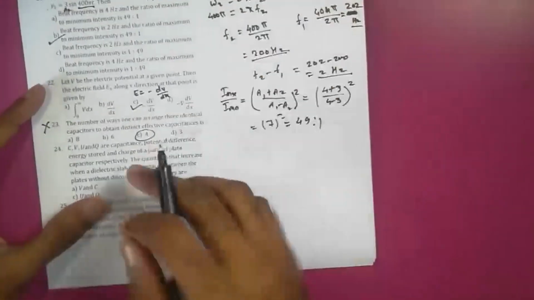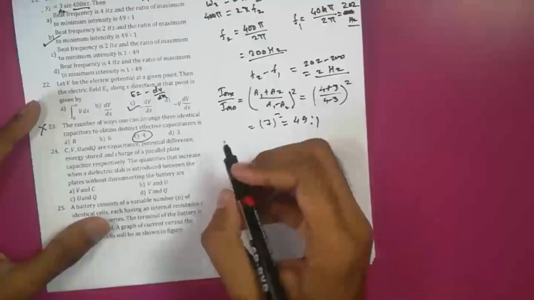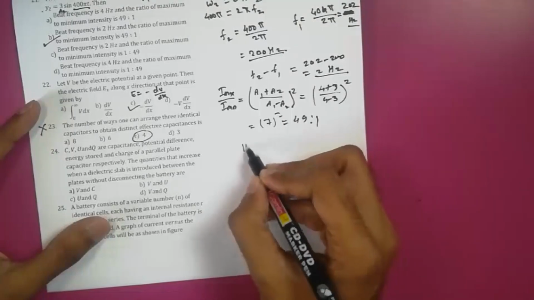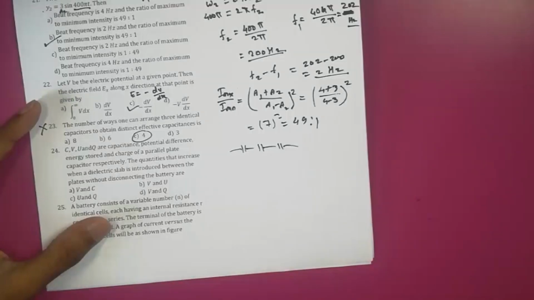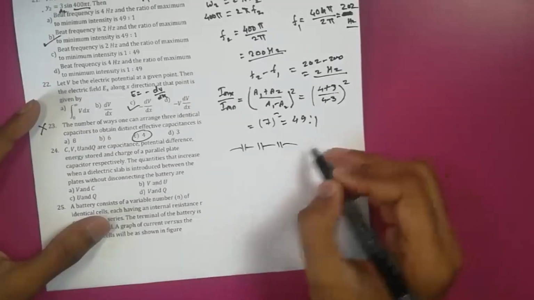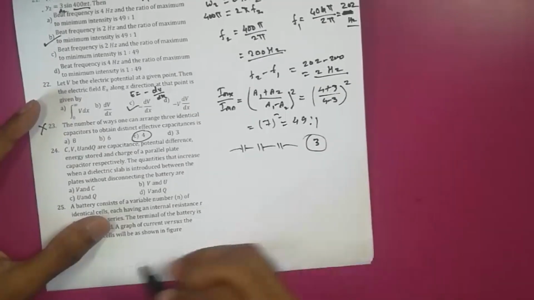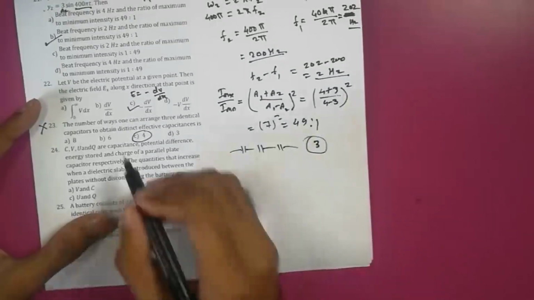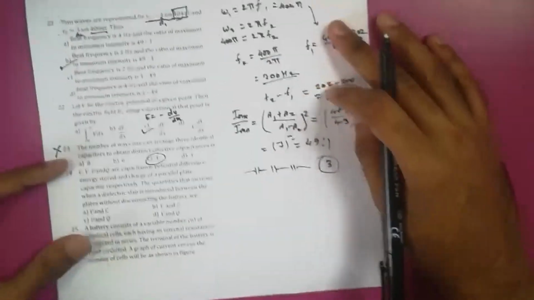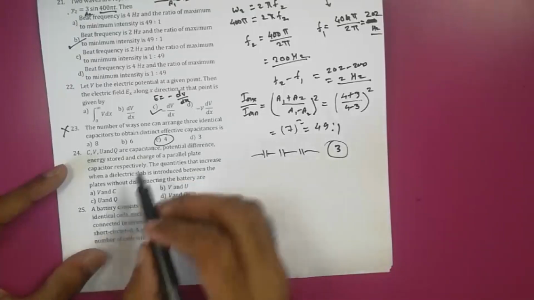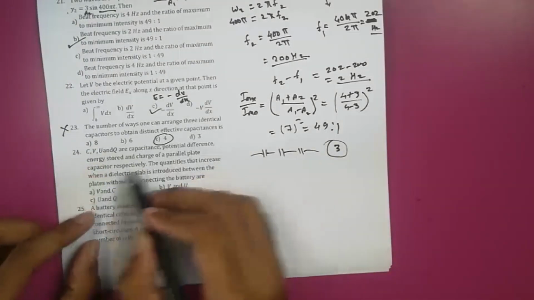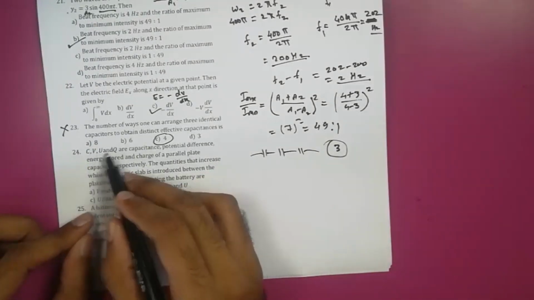We can write the 1st capacitor, 2nd capacitor, 3rd capacitor in a different arrangement to find the effective capacitance. How many ways can we arrange them? This is a mathematical question. Ignore it.